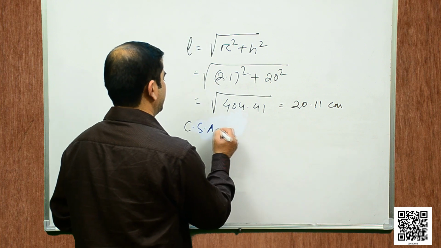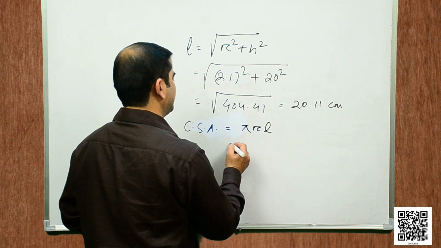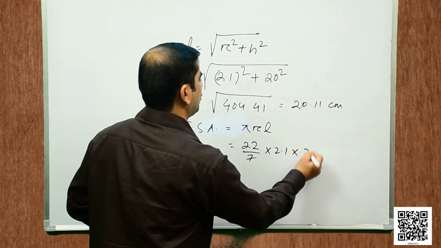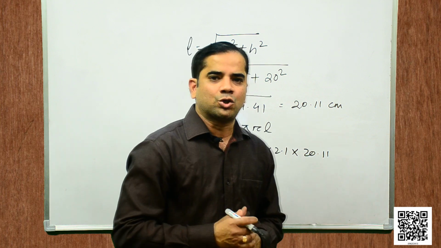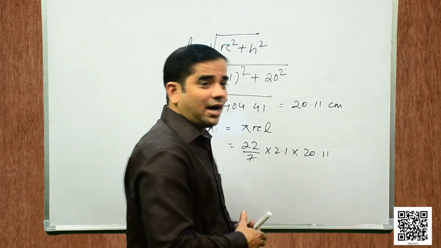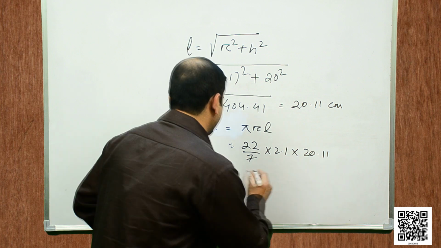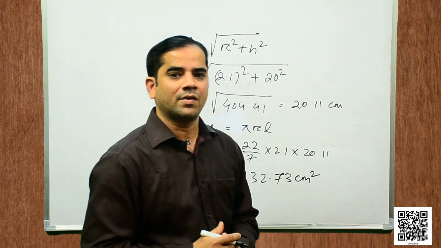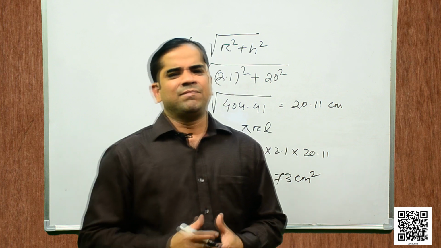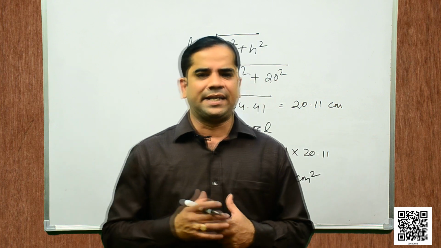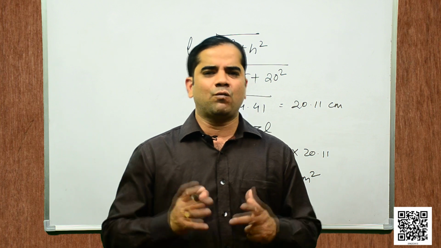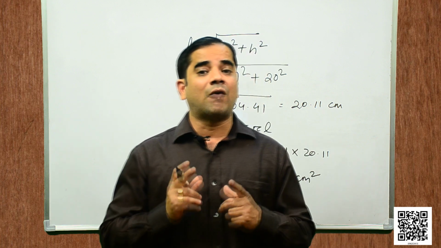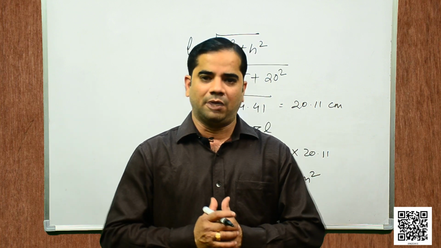Therefore, let us now find out the curved surface area. Curved surface area is equal to pi r L, that is 22 by 7 into 2.1 into 20.11. So, when we calculate, we will have the result 132.73 centimeter square. See, it will be about 132.726 centimeter square and the approximate value will be 132.73 centimeter square. So, number of grains of corn on 1 centimeter square of the surface of the corn cob is 4.